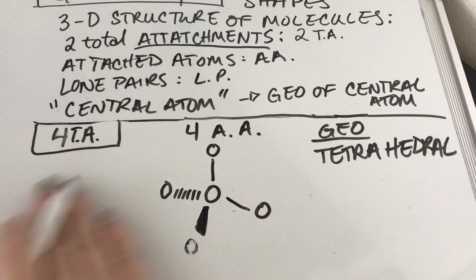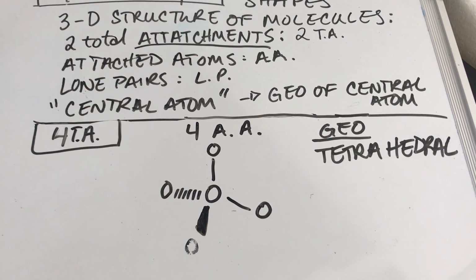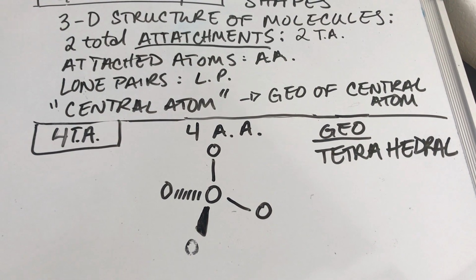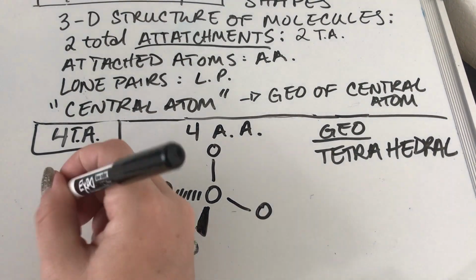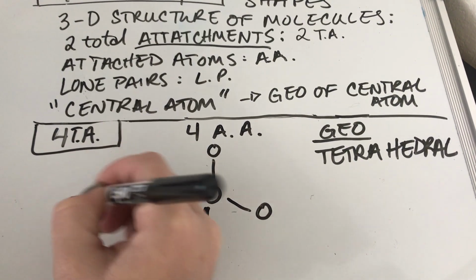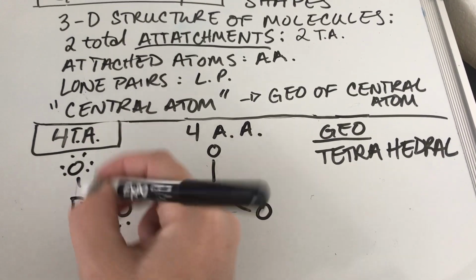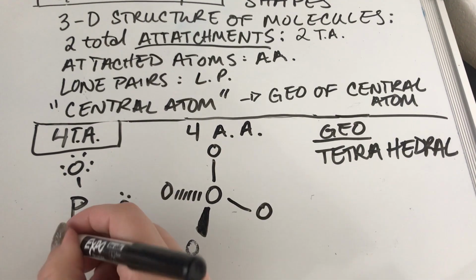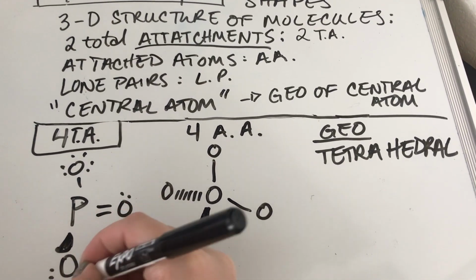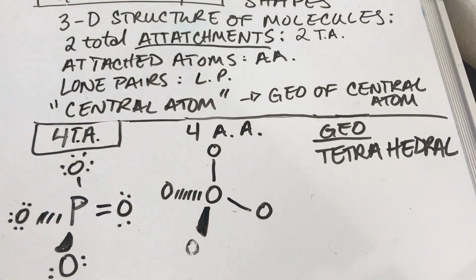I don't think that you have any molecules that are going to have more than 2 double bonds around a central atom and have 4 attached atoms. Does that make sense? The molecule I was going to draw was phosphate, but phosphate is still going to look like that, right?